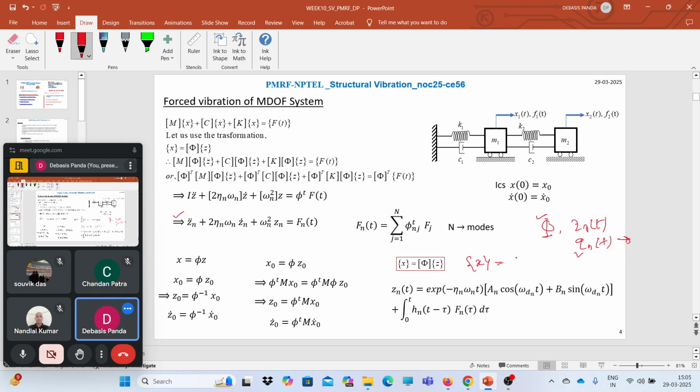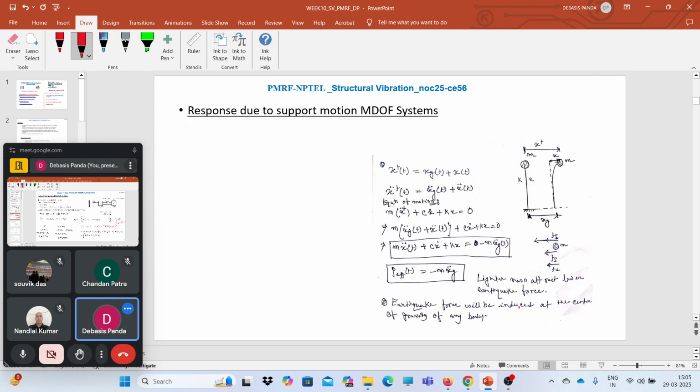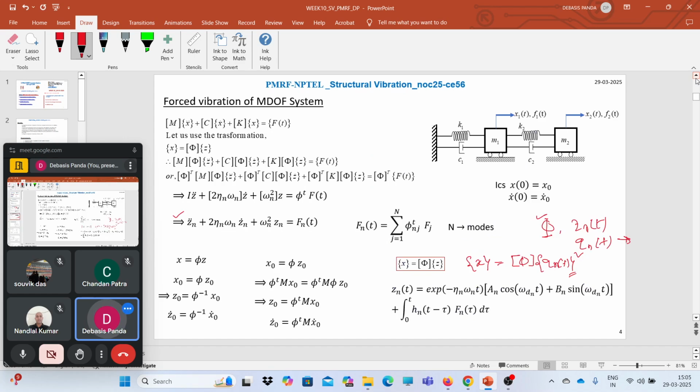X is nothing but the mode shape matrix multiplied by the modal response vector, right? So we have already seen and solved different kinds of problems using this modal representation concept, right? And particularly we used the forcing function or the external force at each degree of freedom.